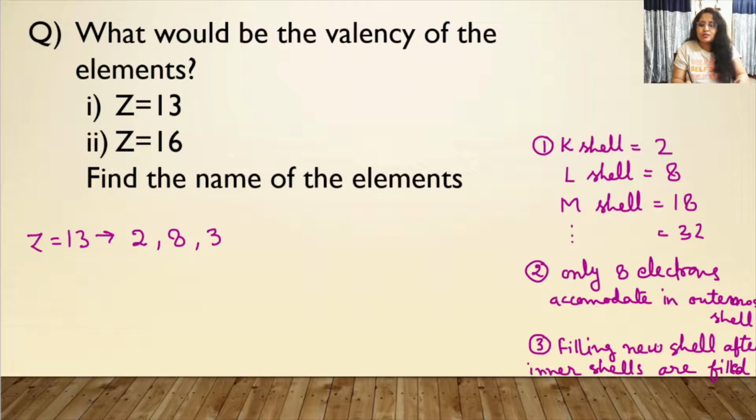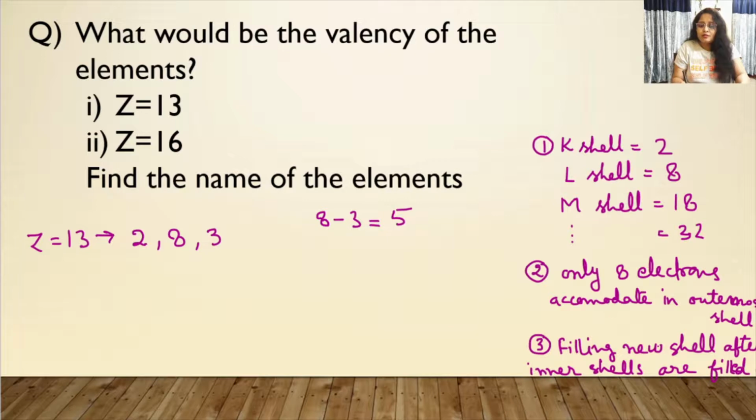So we will see whether these 3 electrons it will give easily. To achieve the octet, how many electrons less? 8 minus 3 is equal to 5.